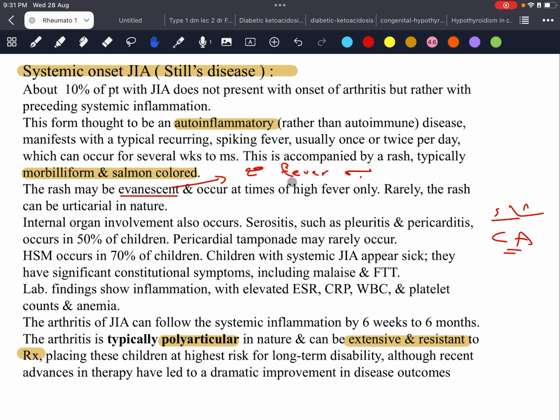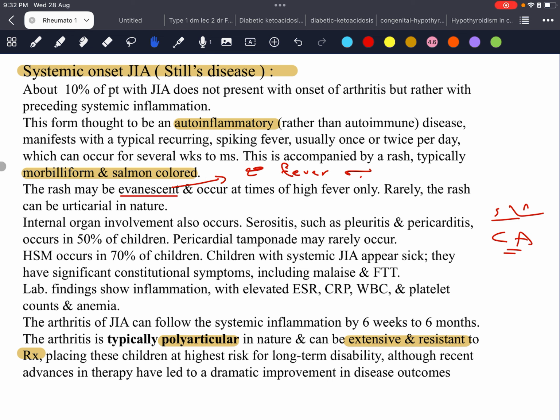Okay, and the rash is pink in color, like salmon, so it's called a salmon colored rash, morbilliform rash. This rash occurs at the time of the spiky fever, and when the fever subsides, the rash also subsides. So this relation between the fever and the rash is important to keep in mind for systemic onset juvenile idiopathic arthritis.